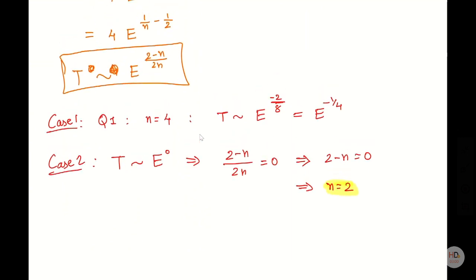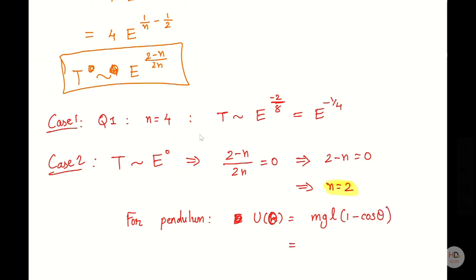One thing we can see from this is that for SHM it's true, because we have energy as half k x square. But for the pendulum, the potential as a function of theta is m g l times 1 minus cos theta, if you remember.